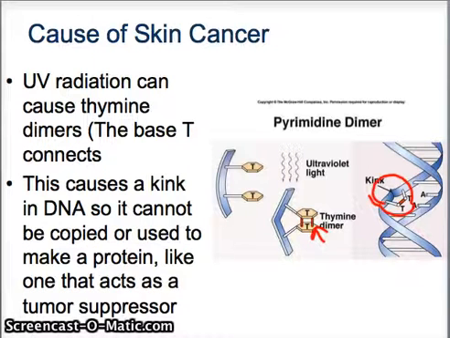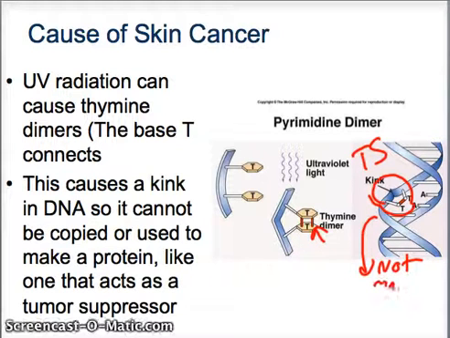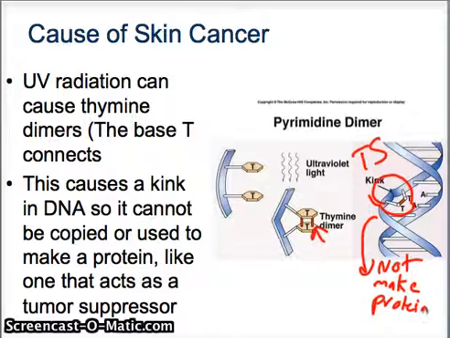In us, what happens is if this happens in a tumor suppressor gene, the gene will not be able to make a protein, and then it can't stop the cells from dividing, and then you got cancer.